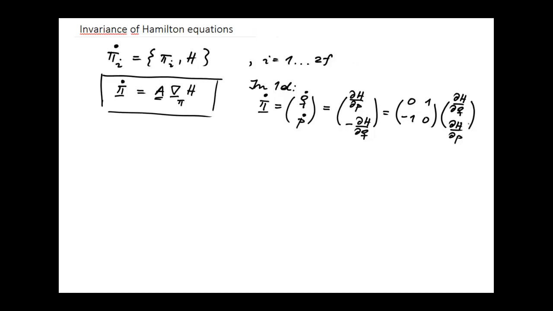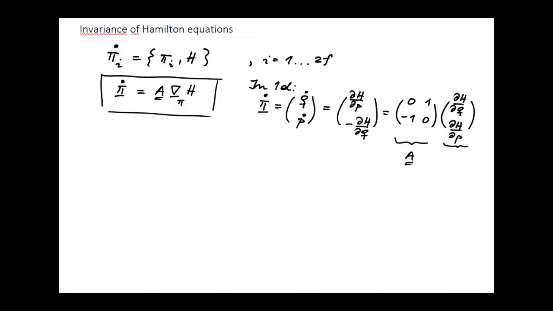And this matrix in front here, this is in one dimension nothing but our matrix A, and the vector here has components: partial derivative of the Hamilton function with respect to the first phase space coordinate is the first component, the second component is the partial with respect to the second phase space coordinate.